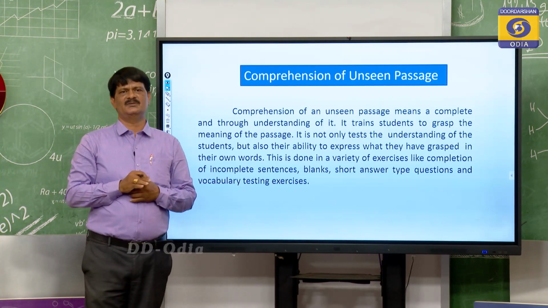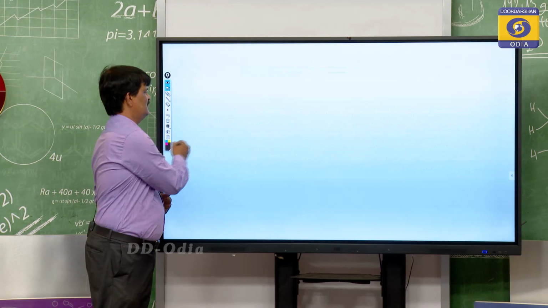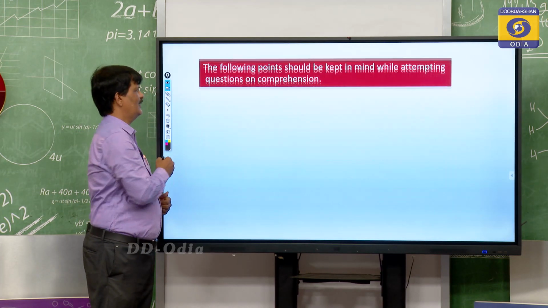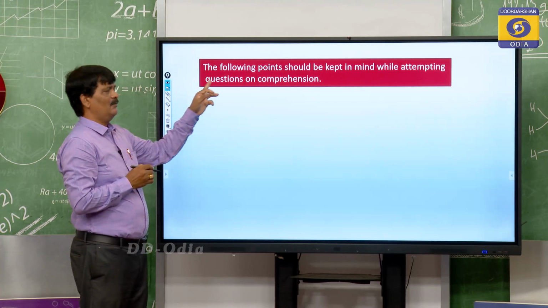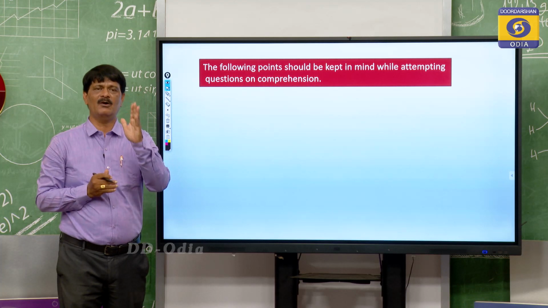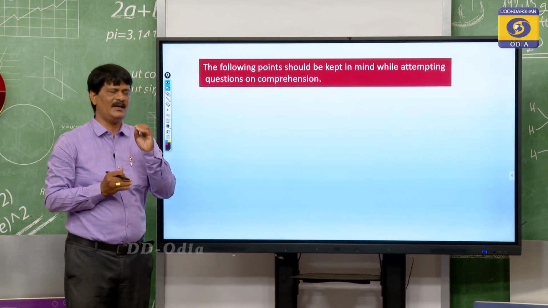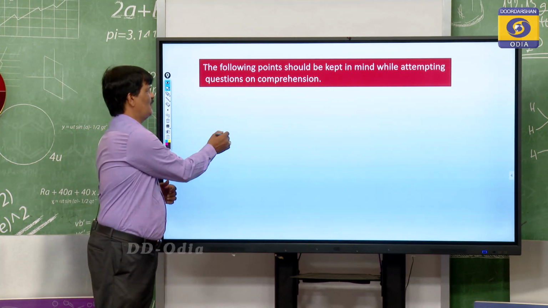Then we will go to what an unseen passage is, one after another. Before attempting the unseen passage, what things we have to keep in mind, a very easy one.